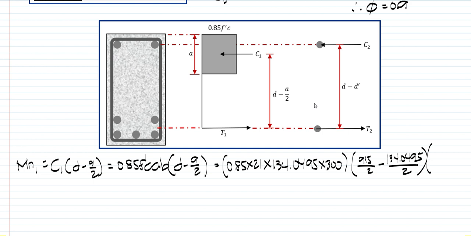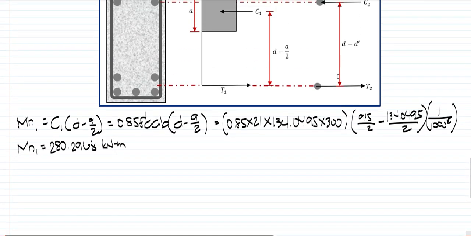Siyempre, multiply natin to by 1 over 1,000 squared para maging kilonewton meter. So, our first nominal moment coming from our first diagram will be 280.2968. So, this is in kilonewton meters.